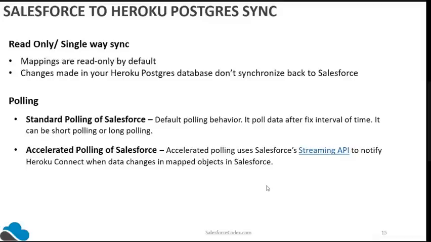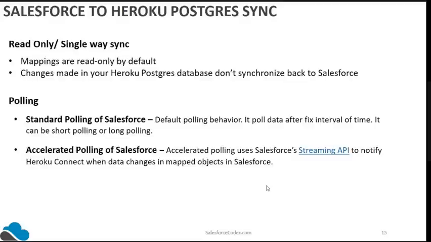The second is accelerated polling of Salesforce. The first is standard polling, where one system is asking for whatever data is refreshed in the second system. The second is accelerated polling, where the push technology comes in.